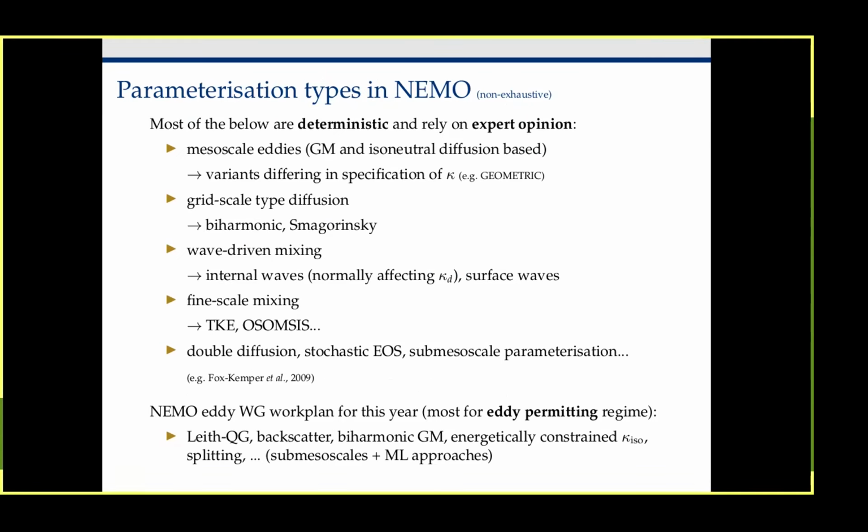By that construct, most of the ones which are in NEMO are by design deterministic and also rely on expert opinion. It's deterministic because then your runs are somewhat reproducible. Rely on expert opinion because then the theoretical analysis tells you what the things do or cannot do, or at least the numerical experiments do.